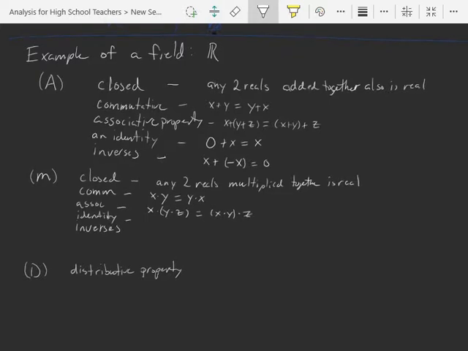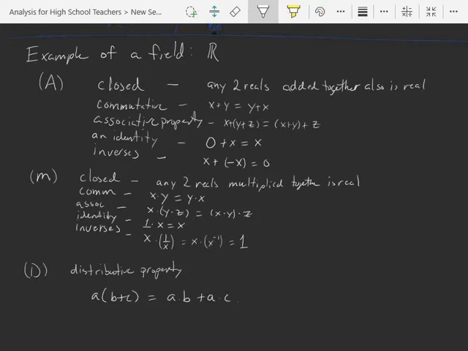Our identity with multiplication is 1. 1 times x equals x. And our inverse is x times 1 over x. 1 over x is the inverse, also sometimes written as x inverse, and x times x inverse is equal to the identity. And the distributive property, a times (b plus c) is equal to a times b plus a times c. So that's an example of what makes the real numbers a field.